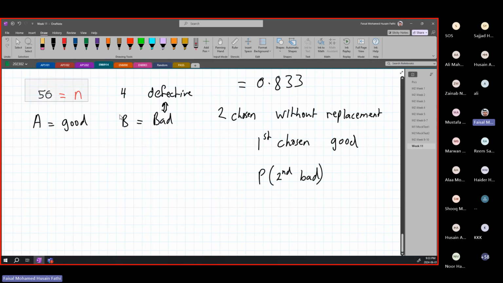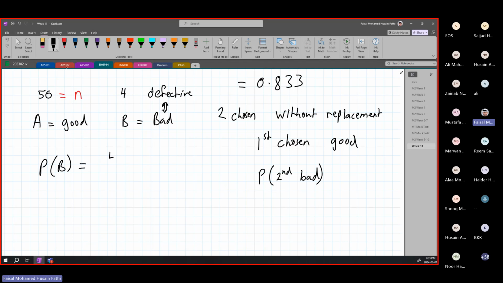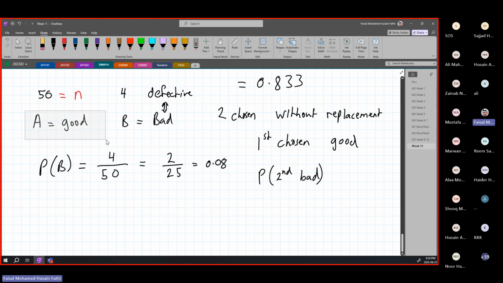So first things first, you need to understand what the question means. They told you that 4 is defective. What does this mean? This means that the probability of event B, which is bad, is 4 over 50, which is equal to 2 over 25, or in other words, it is 0.08. And this is the probability of bad. Since here we only have good and bad, if it's good, it's basically not bad.